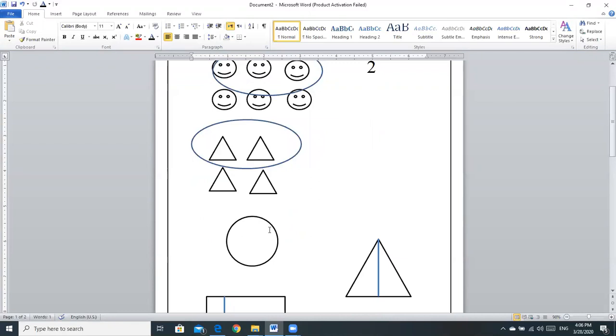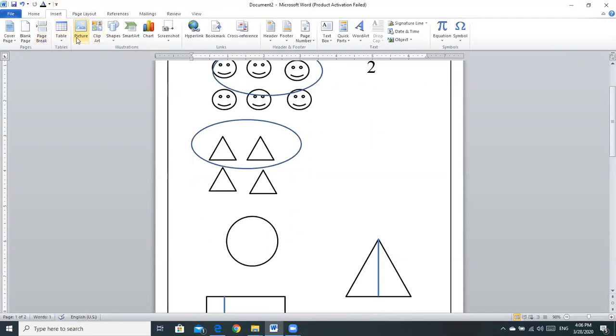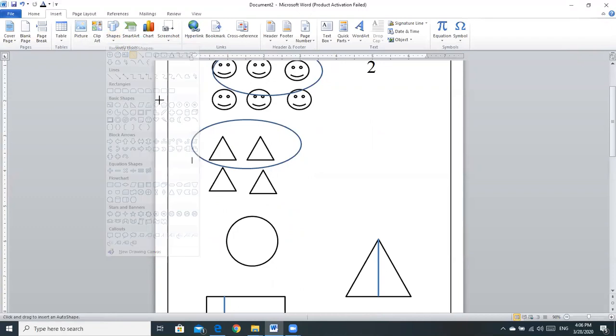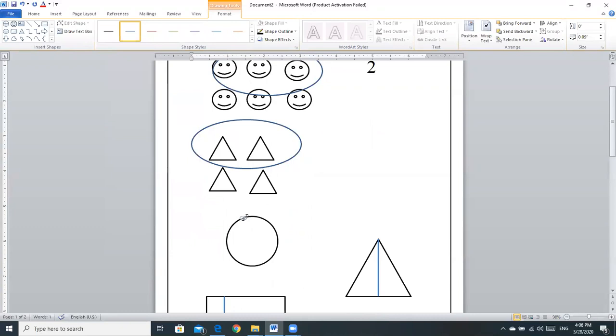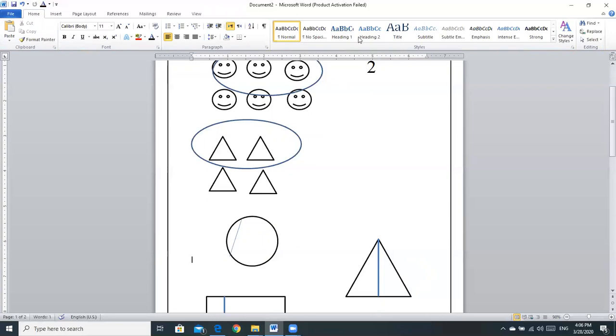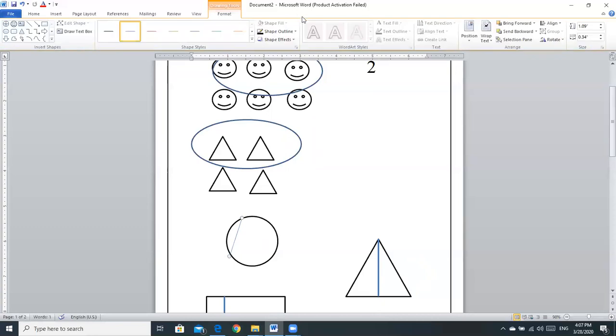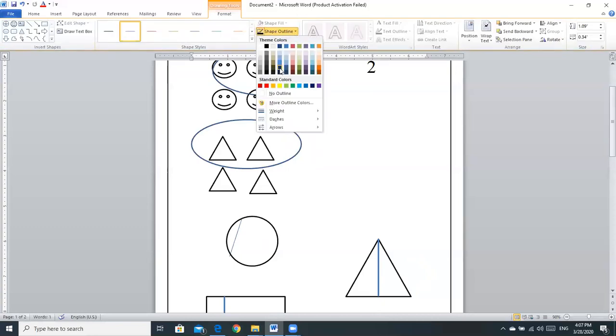Okay, miss, I have this circle and I want to divide this circle into half. How do I make this? Let's see here. I'm going to divide this into 2 halves. If this is half, no. Why is it not half?